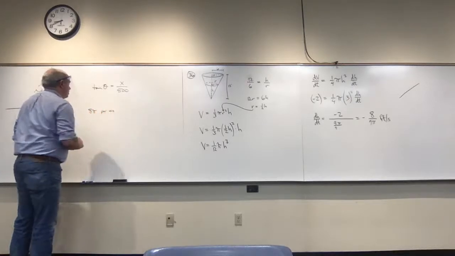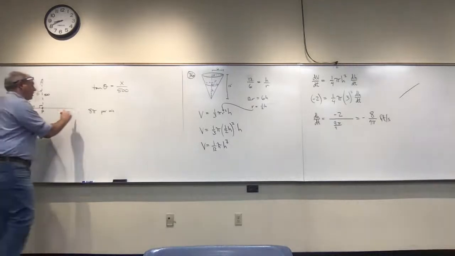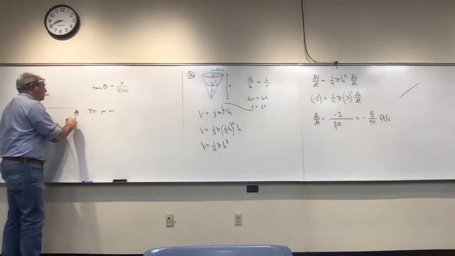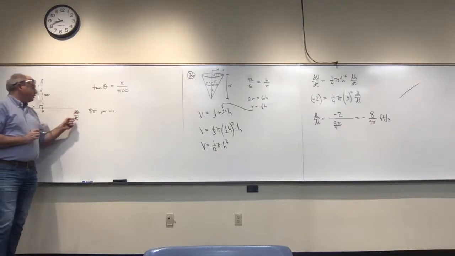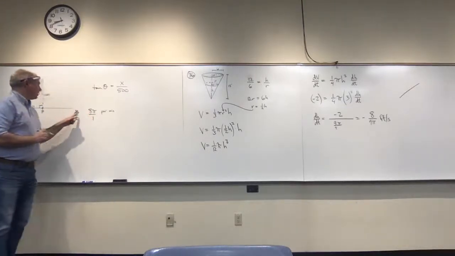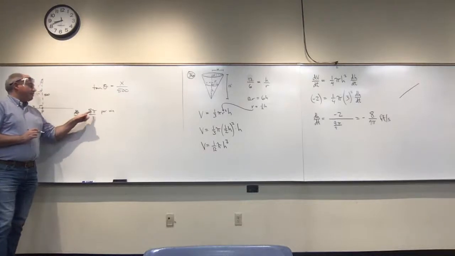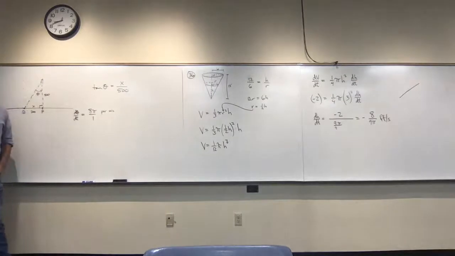If I'm trying to find d theta/dt, I'm asking what's the change in theta over the change in time. If time is 1 minute, then theta is 8 pi. So d theta/dt is 8 pi.